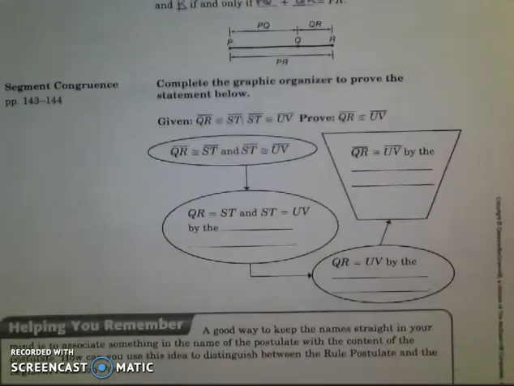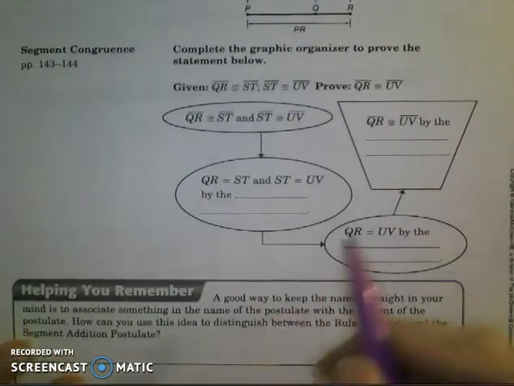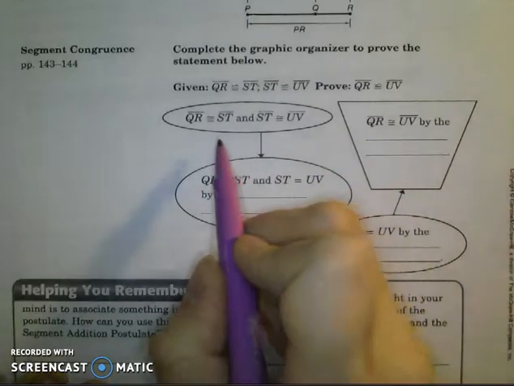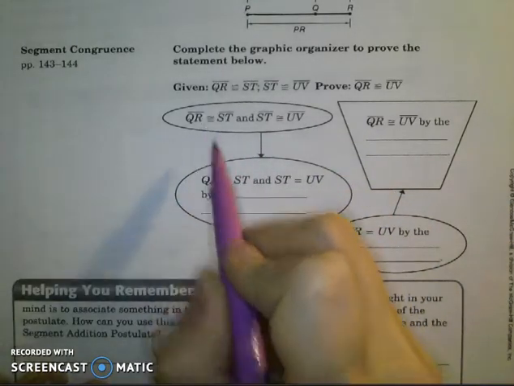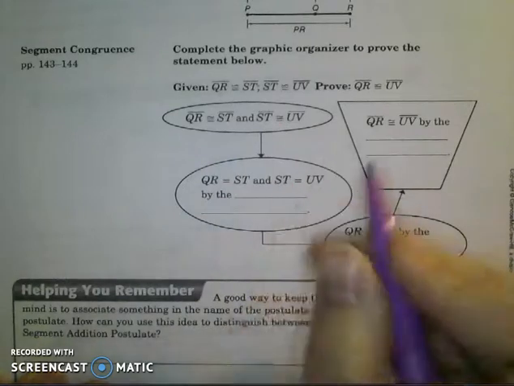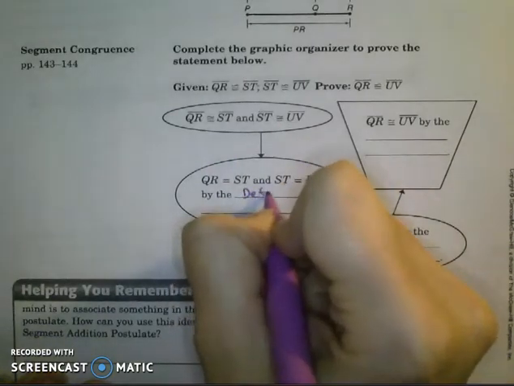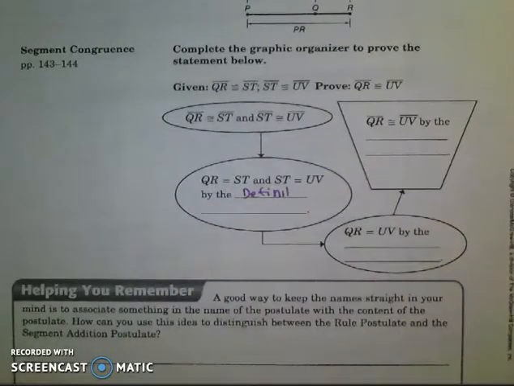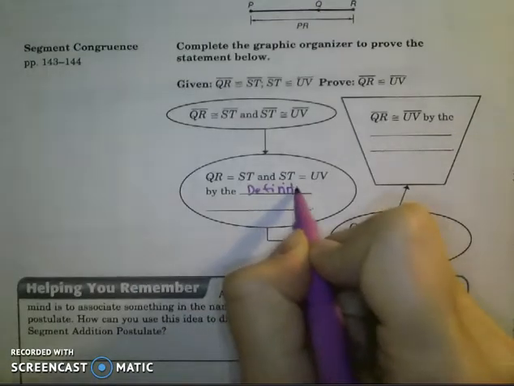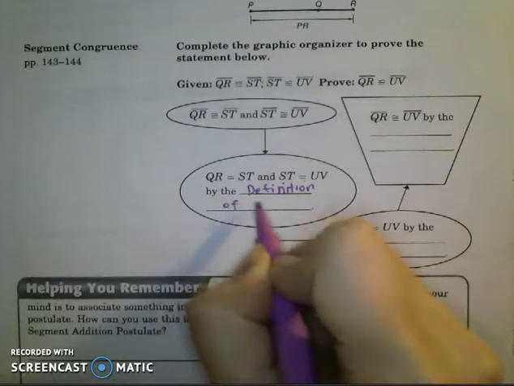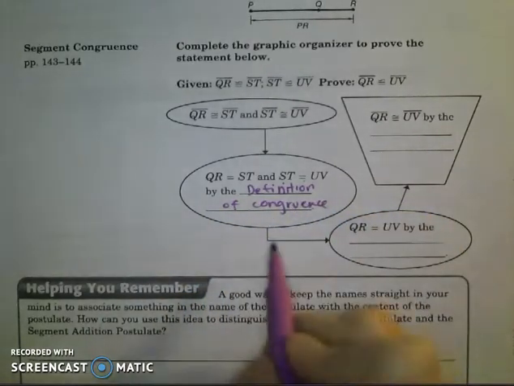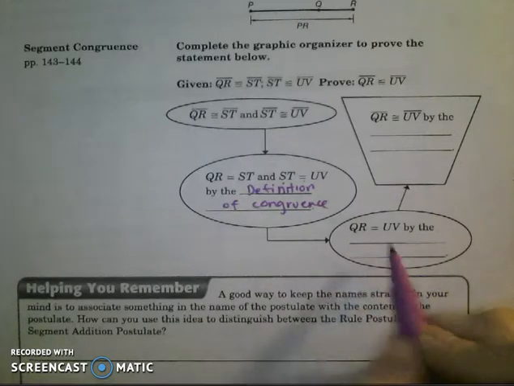So then down here, we're going to fill out this flow chart proof, graphic organizer type stuff. So it looks like we're going from congruent to equals by the definition. Oh, let's spell definition right. Definition of congruence. Okay. Now we're going to move our way to here.